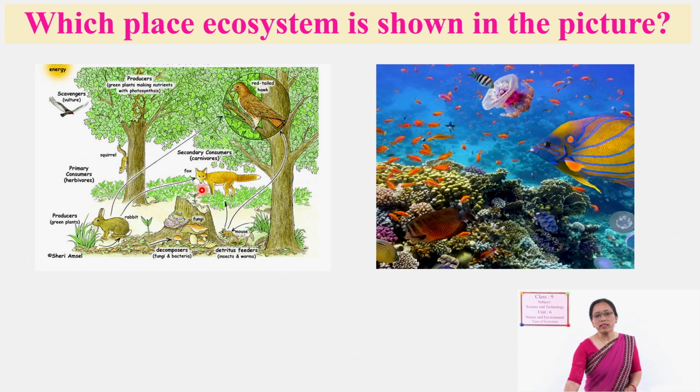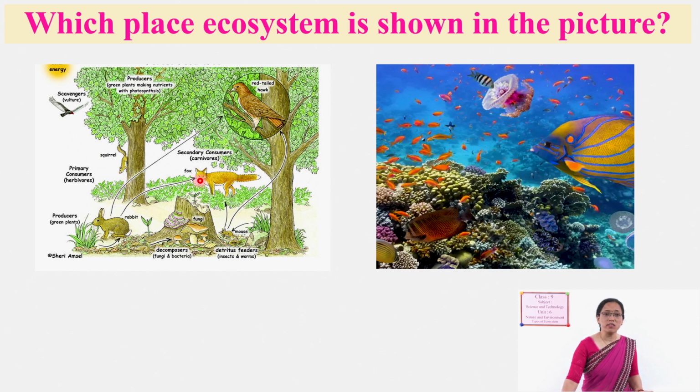And which place's ecosystem is shown here? Can you guess? Yes, this is a part of land. We can say that it is a land ecosystem. It may be a forest, it may be grassland.